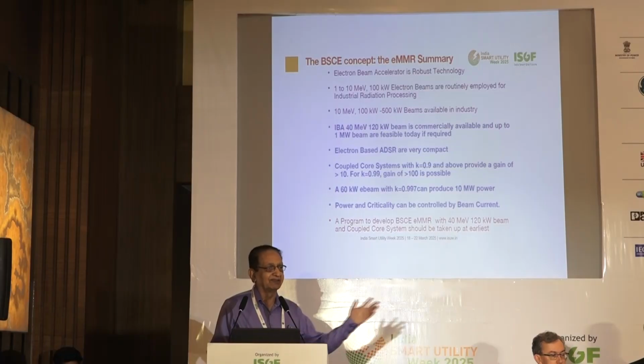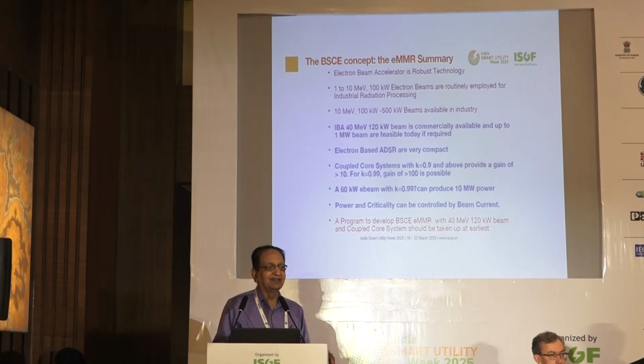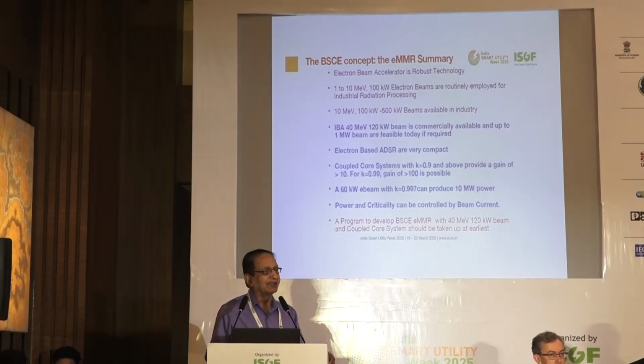I just suggested to Dr. Timothy, sitting here, that instead of fission neutrons, we can introduce neutrons from the accelerator in their design so that progress can be faster. For power generation, you basically need neutrons.